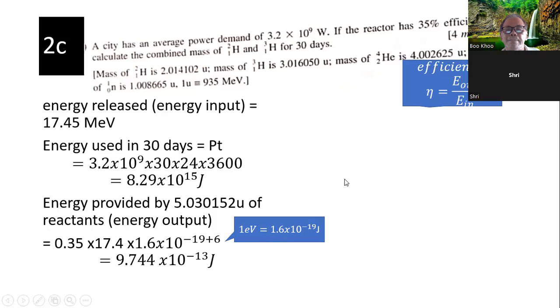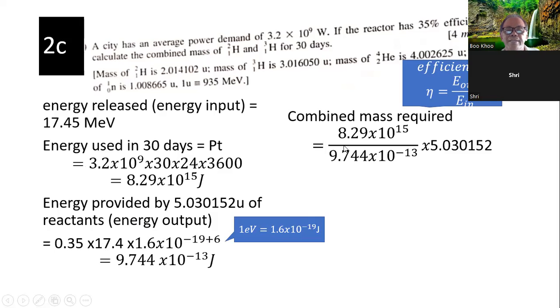Okay. Then efficiency is E out over E in. Right? That's what we are using here. Combined mass required. There's a combined mass for 30 days.